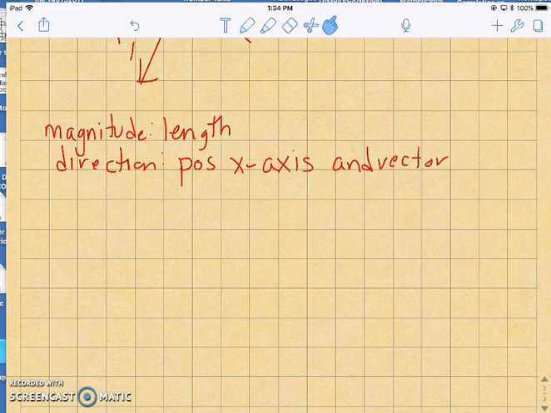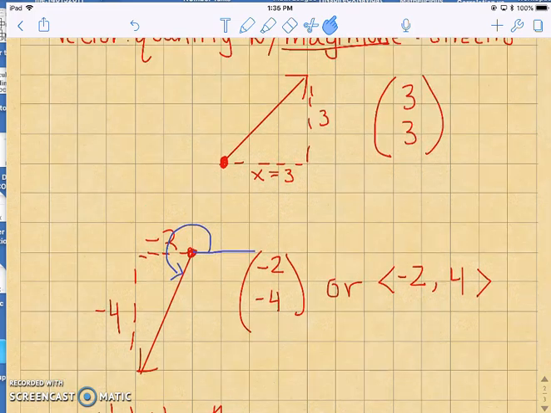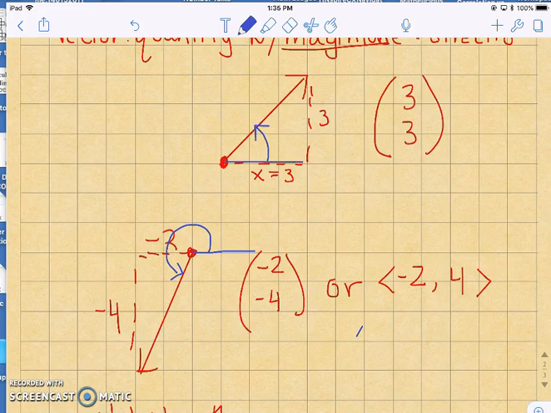So if we go back up and take a look at these, here is our positive x-axis, so the angle of this vector would be that measurement, so something over 180. Whereas for this one right here, here's our positive x-axis, here's our angle, so that one would be less than 90.